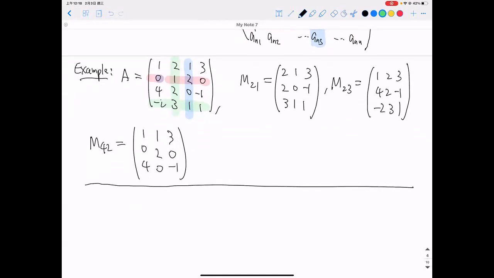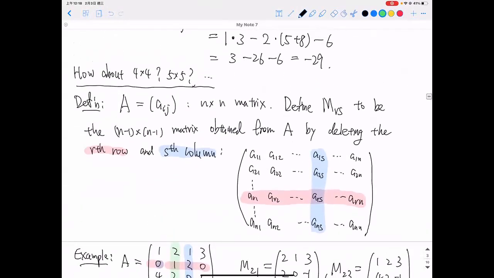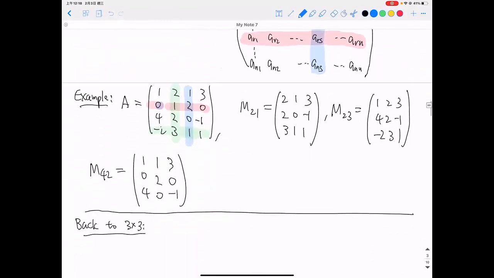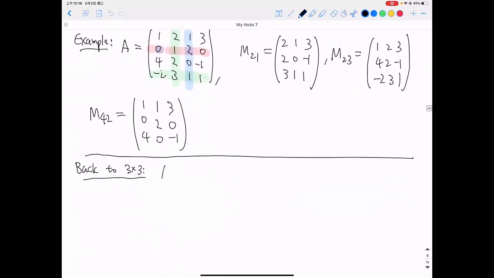Okay, and now back to 3 by 3. Now with this notion, oh, I forgot the name, M_rs here is called the rs minor matrix of A. Okay, now with this notion of minor matrices defined, we can rewrite the definition of determinants for 3 by 3 matrices as follows.